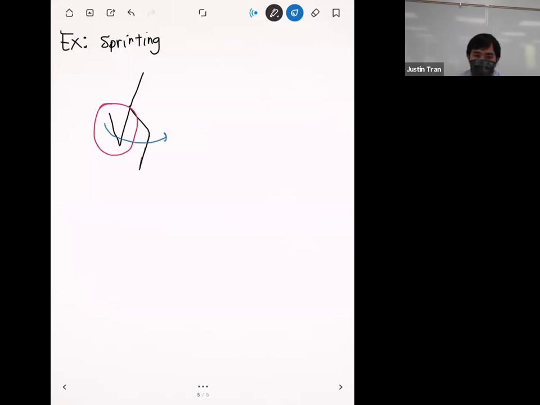This leg, in the next stage, in order for this person to move forward, is going to need to rotate this way. When you're sprinting, you have one leg off the ground, and the next thing you're going to do is bring that leg forward. One way we can quantify that motion is a rotation about the hip joint.